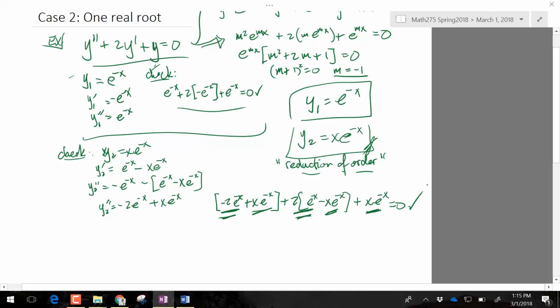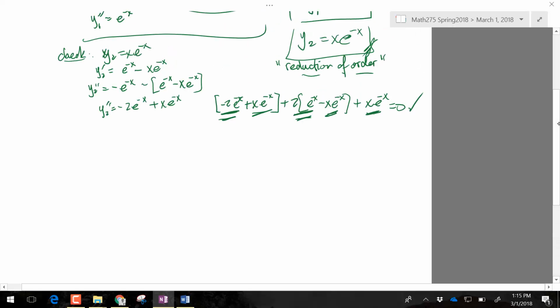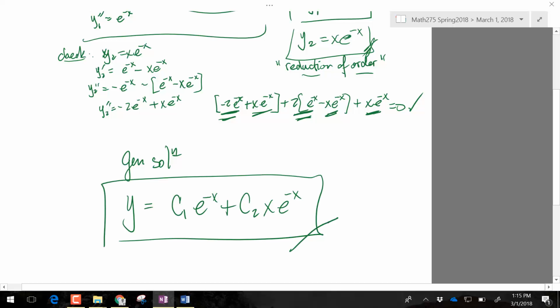So it does work. We found our second solution. So our general solution is going to be C1 e to the negative x plus C2 x e to the negative x. Done.